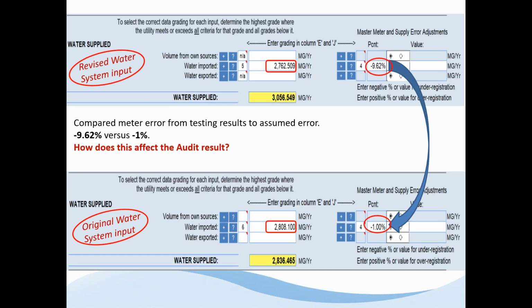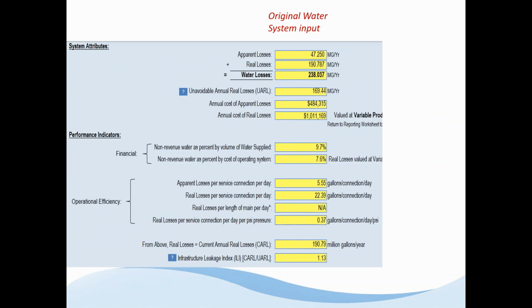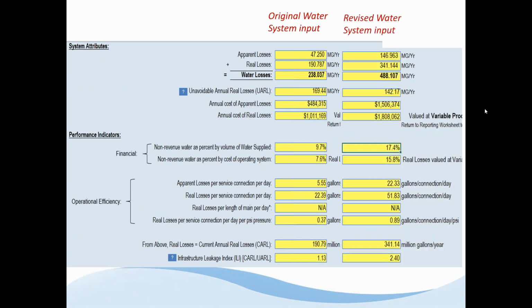How does this affect the audit result? Well, we look at our original and we compare it against one another. Oops, sorry, went too fast. You can see the differences in apparent losses, in real losses. These are significant number changes by introducing the correct amount of water that was introduced into the system.